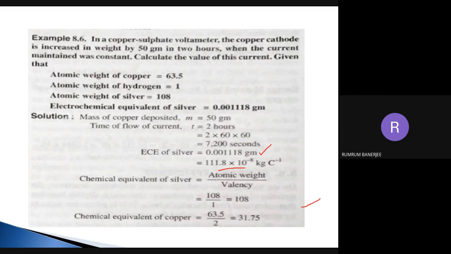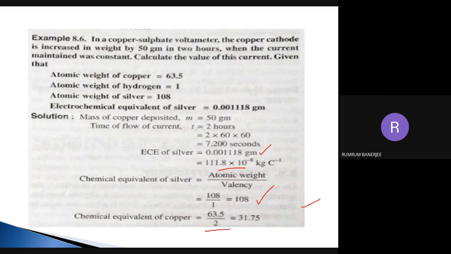Chemical equivalent of silver is atomic weight divided by valency, that is 108 by 1. So chemical equivalent of copper is 63.5 divided by 2, that is 31.75.